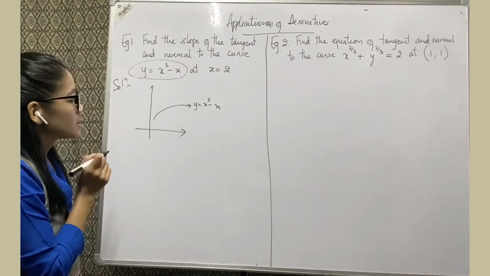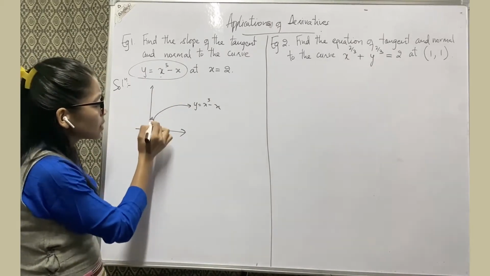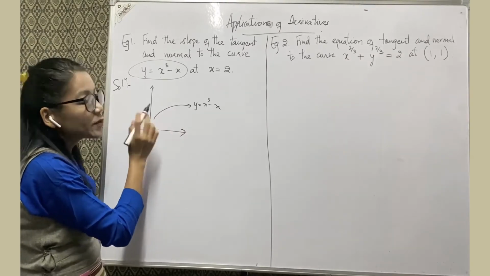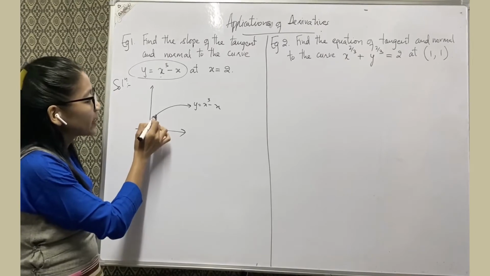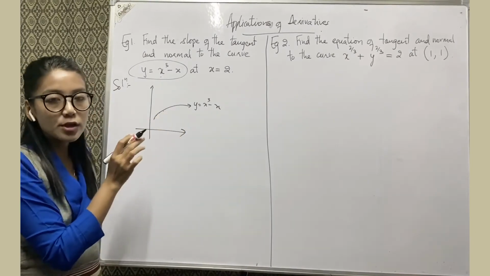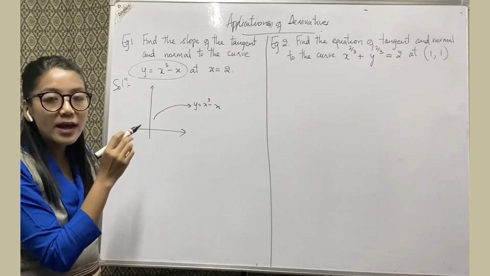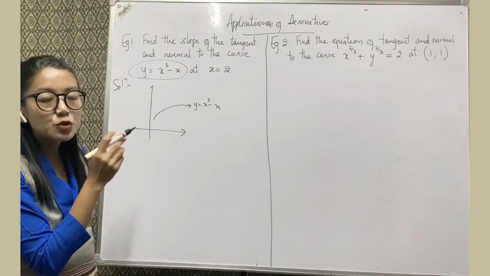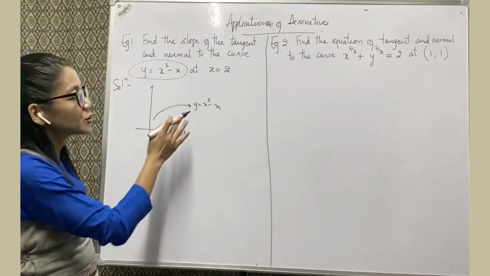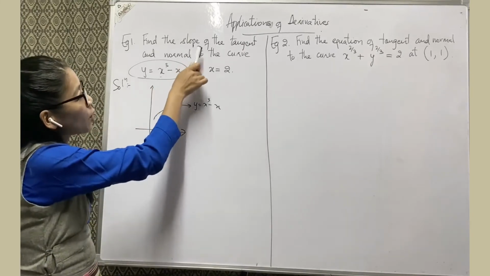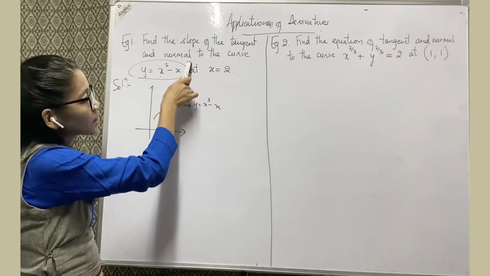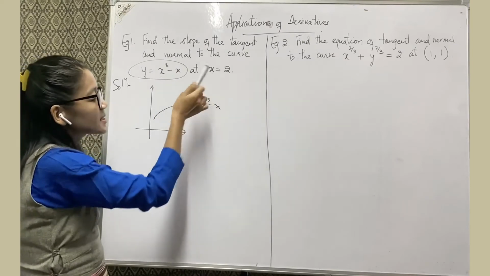Now the question is, on this curve you will have infinitely many tangents, right? Because there are infinitely many points on this curve. Okay, so from each point you will have a tangent, right? So there will be infinitely many tangents to this curve, but you are asked to find the slope of the tangent and normal to the curve at x is equal to 2.